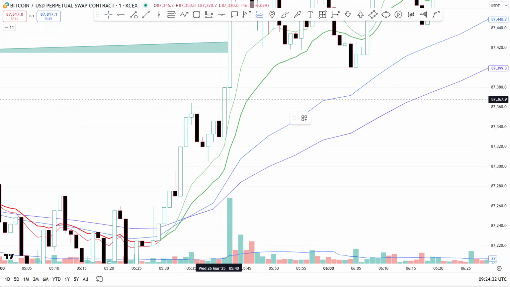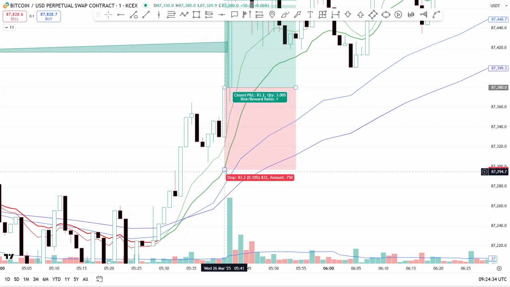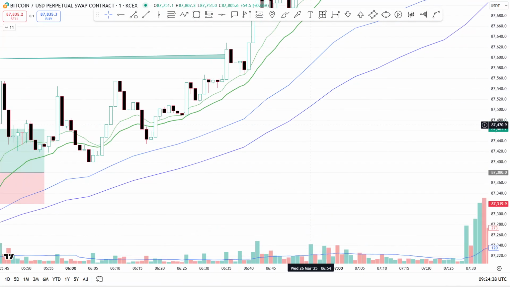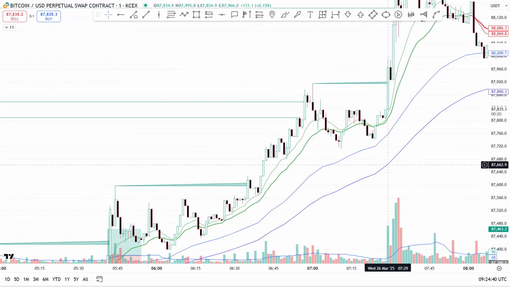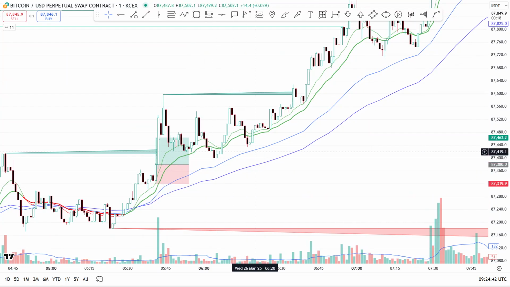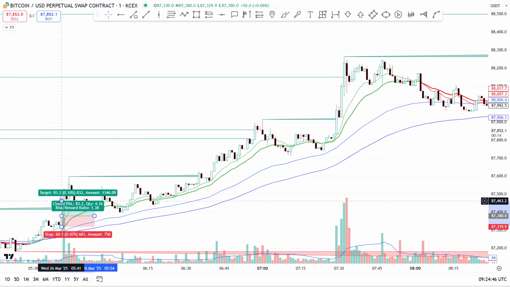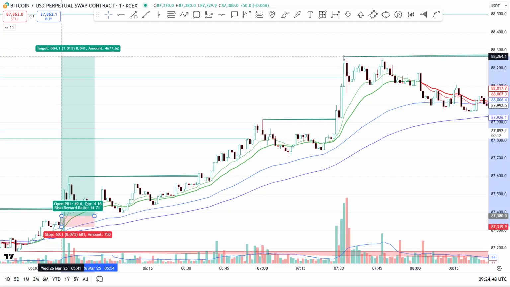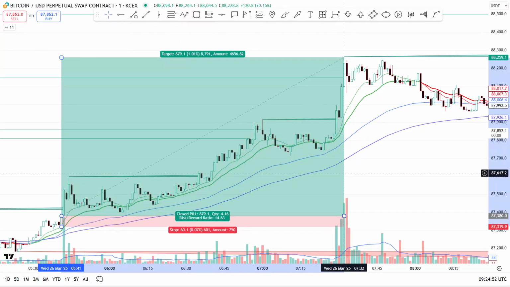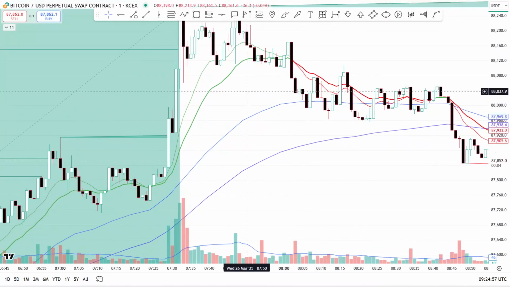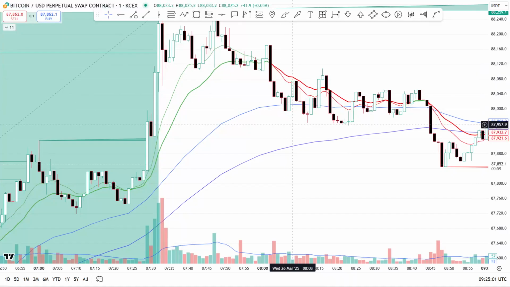So even if we enter on the break of structure here and we put our stop loss here, right, this has not touched the 5 minute yet. So we can basically just based off the 5 minute turning, we can go 14 hour, right, and then you have the 1 minute band pulling into the 5 minute band.